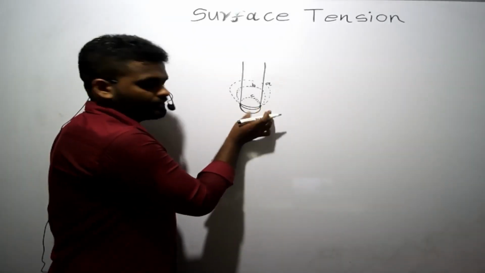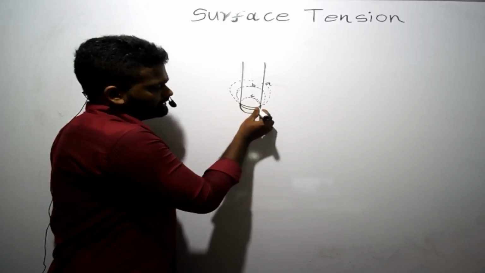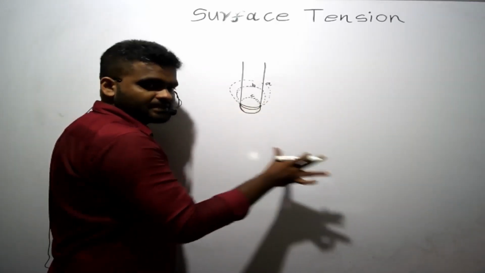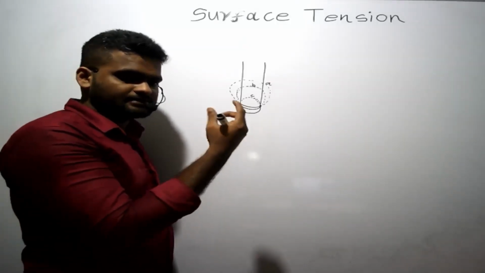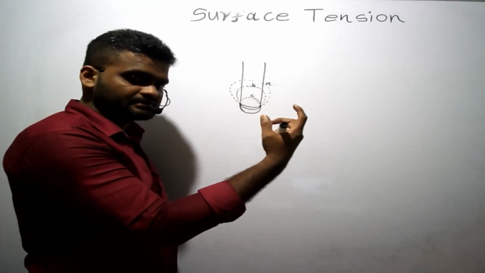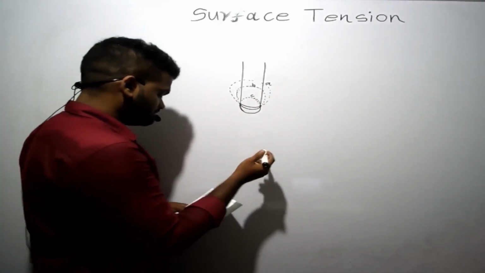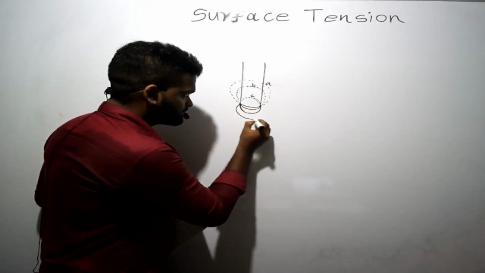Usually, when it comes to C, this liquid layer breaks down. But you might have seen in some cases that soap bubbles remain at the end. It further inflates. Let's say inflated something like this.